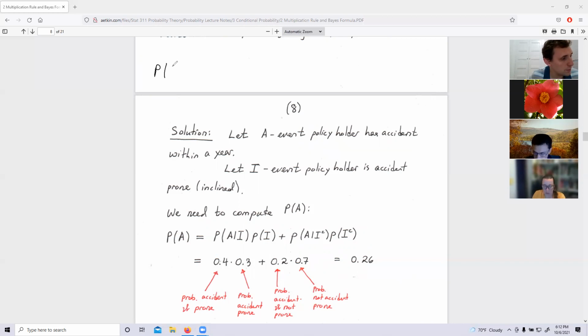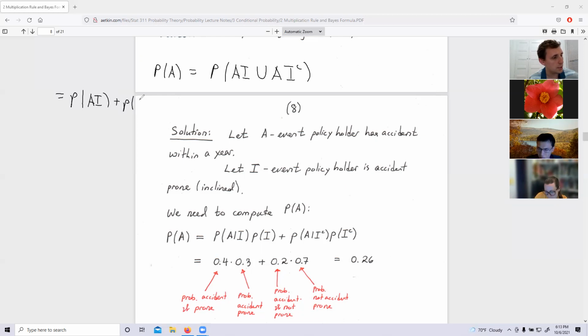So probability of accident is clearly the same as probability of accident and inclined to have accidents, and accident and not inclined to have accidents. And this is disjoint, so they can be written as probability accident and inclined plus probability accident and not inclined.